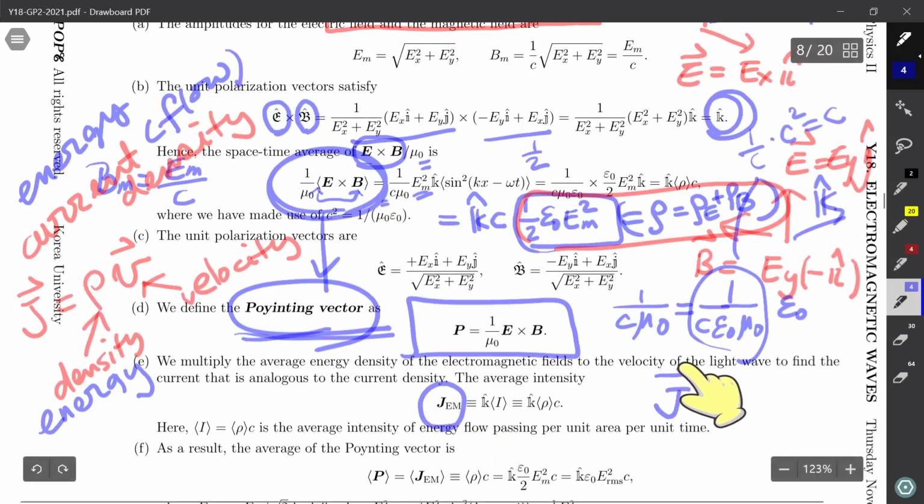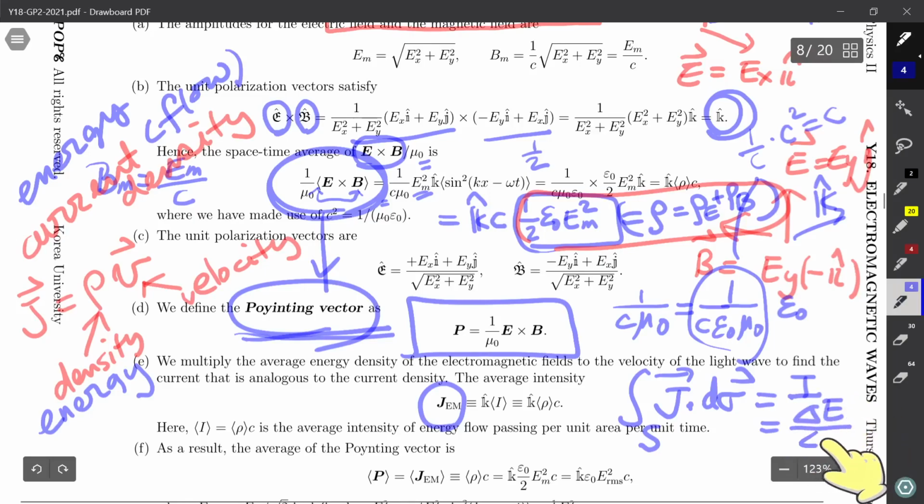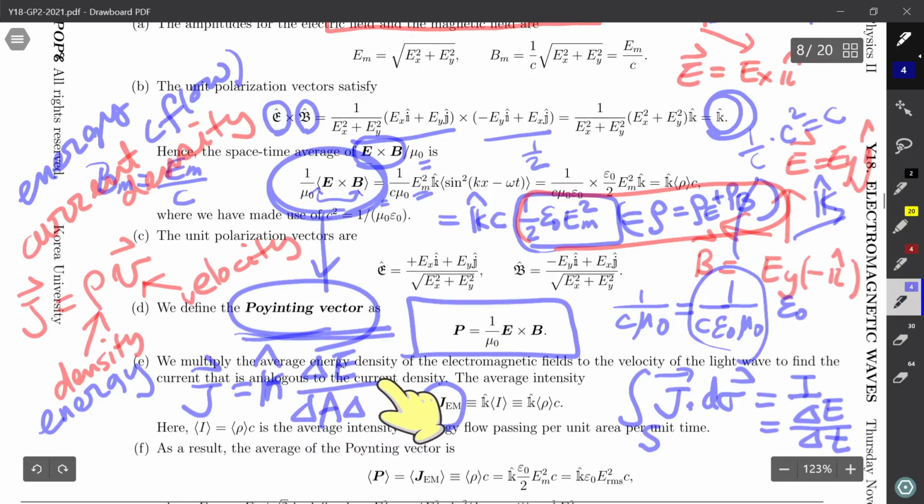That means if we integrate over some surface, then you will get intensity. So delta E per delta t. And because this current density is along the direction k, with the amount of energy deposit per unit area per unit time.